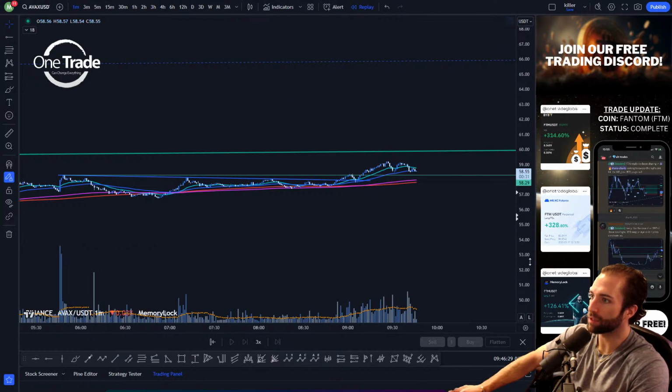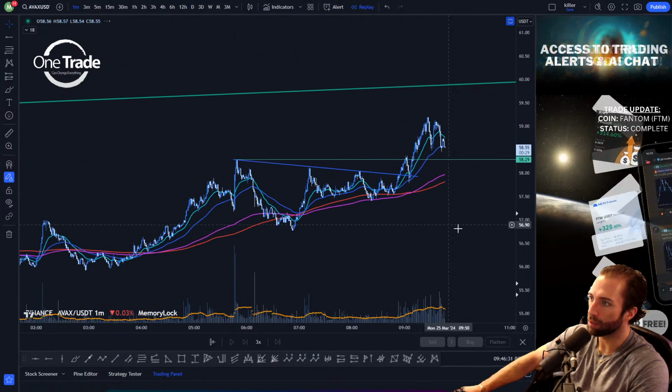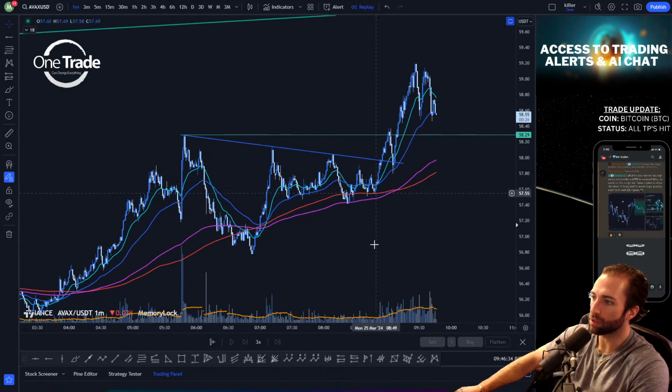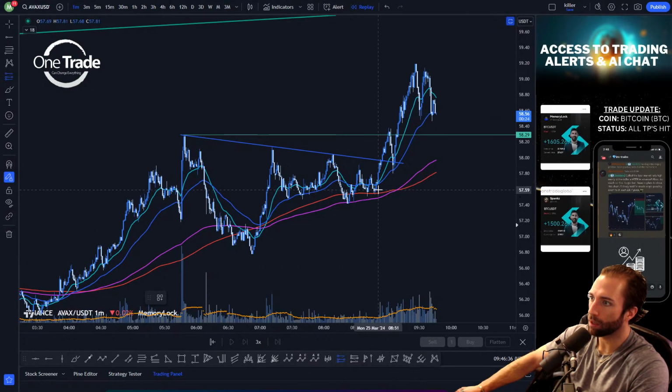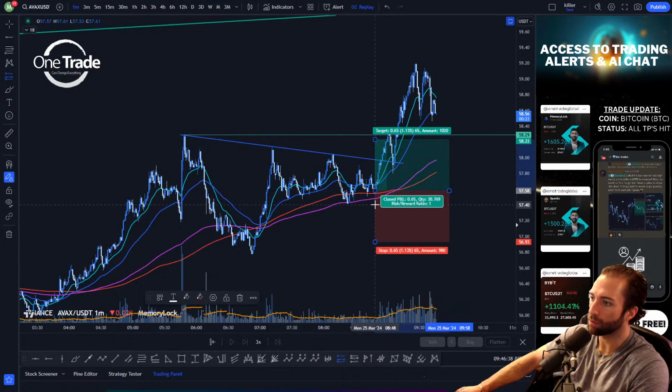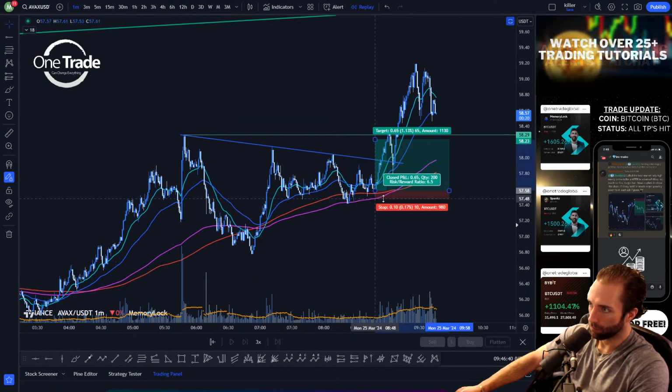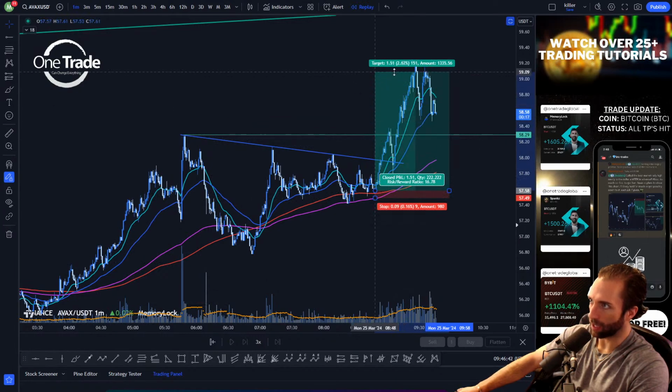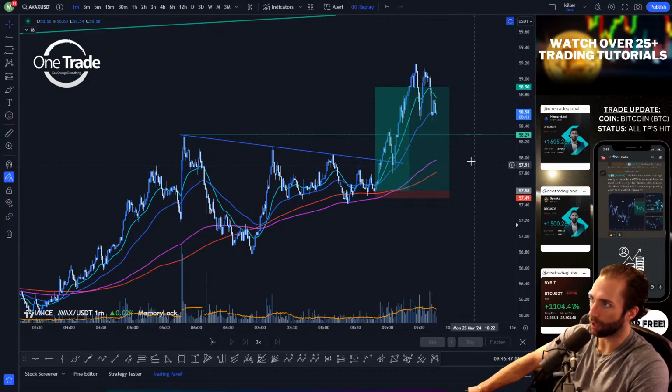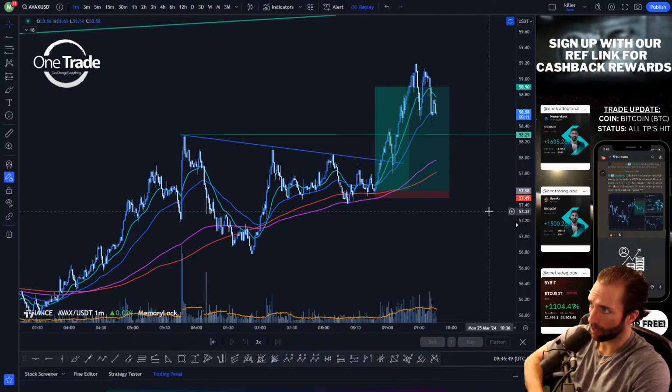I cannot emphasize enough how easy was this setup right here, right? Where did I long? Right here. Is that right? Yep. And I went up to 890. And I didn't even capture the full move. I ran short of it. Like, how easy is that?